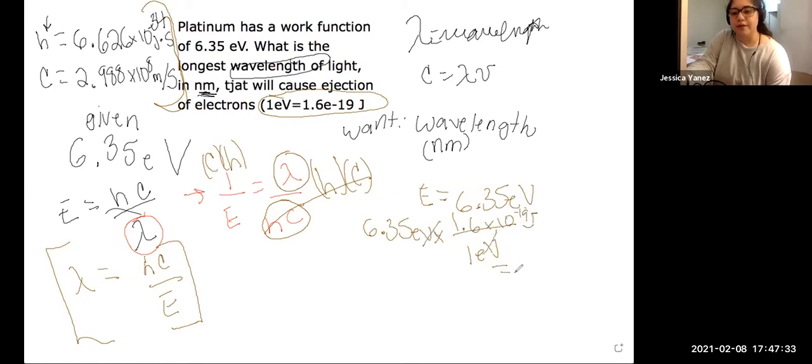When you plug that into your calculator, we get 1.1016 times 10 to the negative 18. And how many sig figs do we want for this?